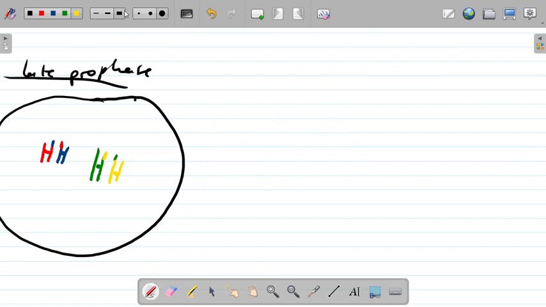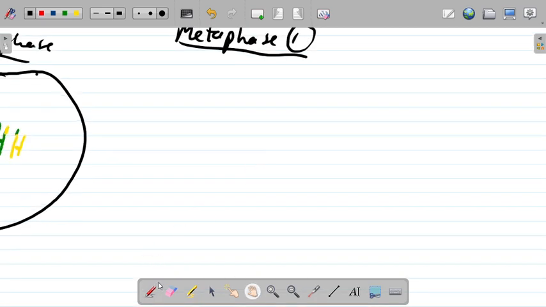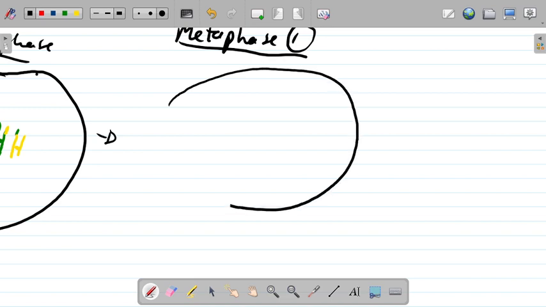So let's move to metaphase I. First things first, during metaphase, we have an equator or a metaphase plate. That's the equatorial region of the cell. Now, what will we have on the equatorial region of the cell? We'll have 1, 2.